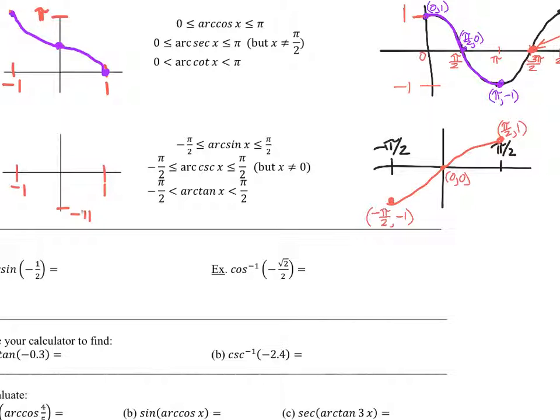So negative pi over 2 would be here. Pi over 2 would be here. And so we're just plotting away. So you're looking at something like that.